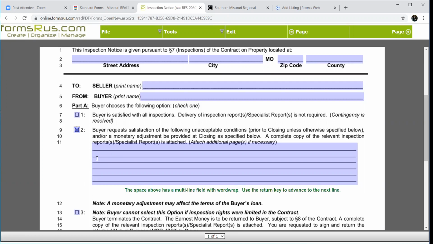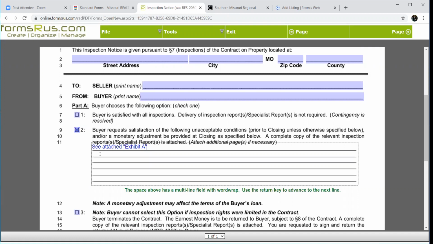So let's assume that you've got one of those inspections where you're going to ask for 20 items that need to be repaired. See attached Exhibit A. And then just make a Word document titled Exhibit A and just attach it and have everybody sign it.